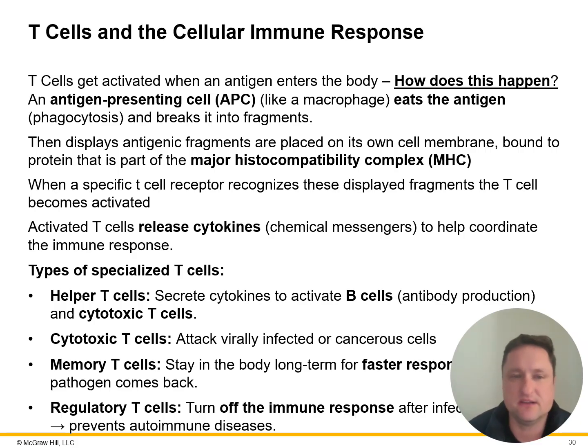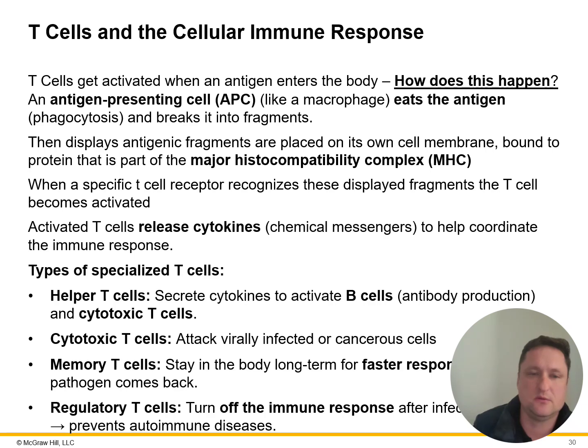So then we have cytotoxic T cells. They're the hit squad. They recognize body cells displaying viral or tumoral antigens and kill those cells directly. We have our memory T cells. These are the record keepers. They remain in the body long term, so on the next exposure to the same antigen, the response is faster and stronger.